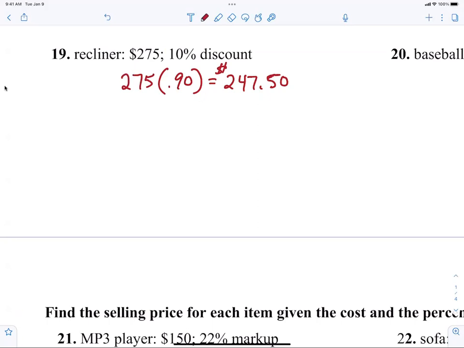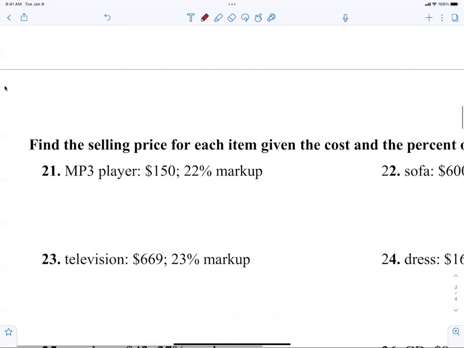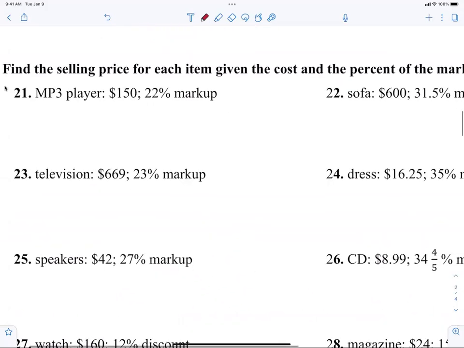Okay, Lila, you're up for number 21. So this is 150. So it's 100 plus 22, which is 122%. And then you would do 1.22 times 150.